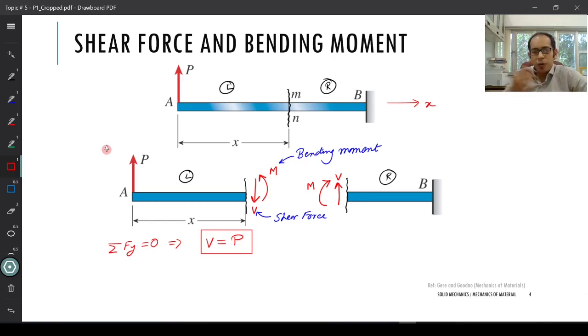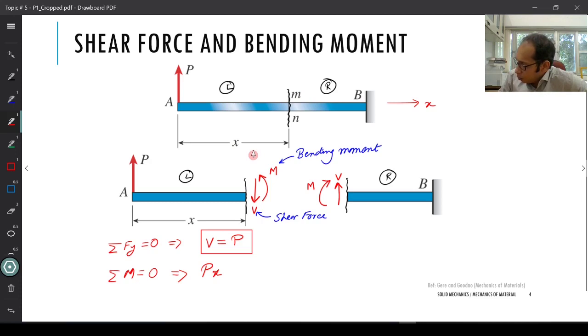And how do I find the moment? If I take the moment of all the forces about this particular section, Mn over here, I am just doing the moment equilibrium, that my summation of moments must be equal to 0. That gives me P times X, because I have taken this section Mn at a distance X from the left, right?